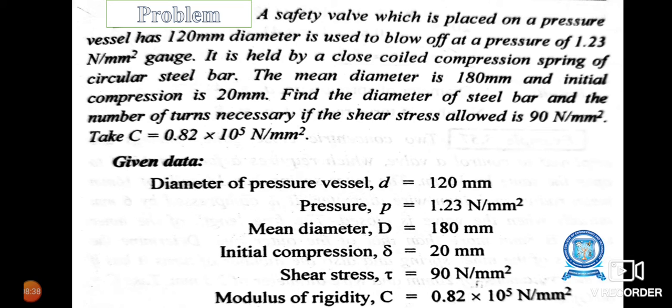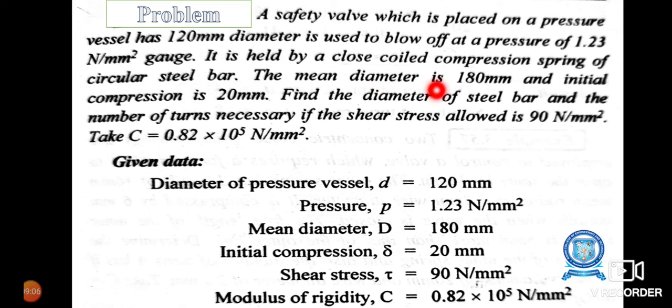That is another problem. A safety valve which is placed on a pressure vessel has 120 mm diameter and is used to blow off at a pressure of 1.23 Newton per millimeter square gauge. It is held by a closed coil compression spring of circular steel bar.